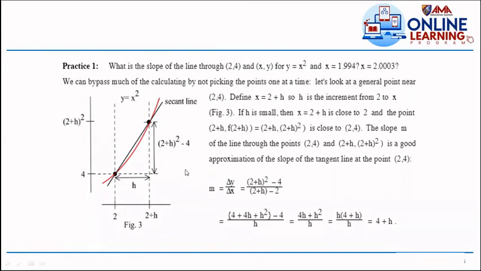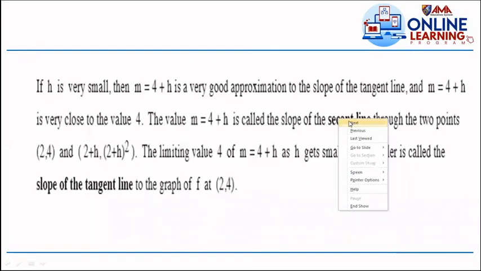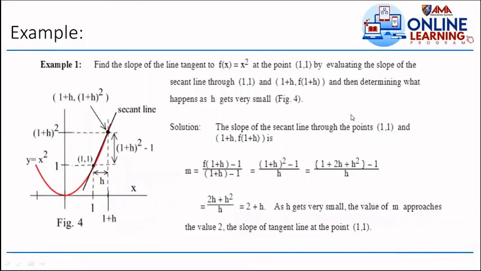Okay, so we have here another sample, last sample po for the tangent line. Find the slope of the line tangent to the function f(x), which is equivalent to x squared at the point (1, 1) by evaluating the slope of the secant line through (1, 1) and (1 plus h, f(1 plus h)), and then determining what happens as h gets very small, in figure 4.